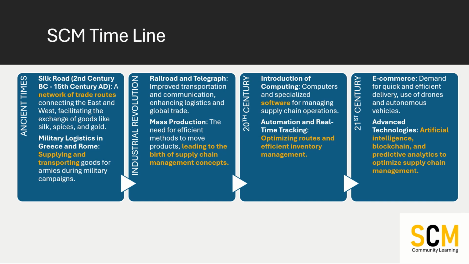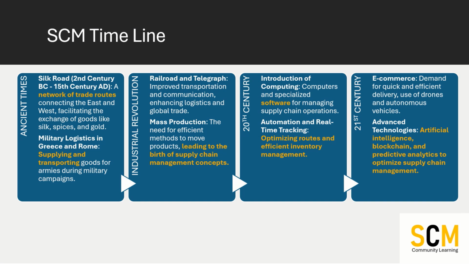But if we read the history, we can learn more about these kinds of strategies in the past, how they moved goods from one country to another country. The first steps of logistics. The next one was the Industrial Revolution with the railroad and telegraph, improving transportation and communication.